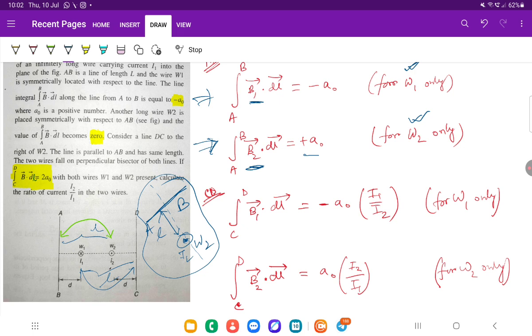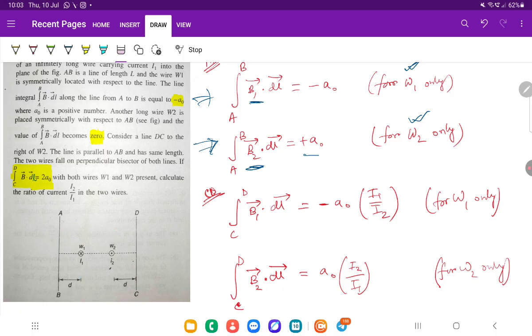This is my claim. Obviously you need to have the same current as well, because I1 and I2 are also changing. That's why I said almost similar, not same. There will be some change due to the current factor, but we can manage that.